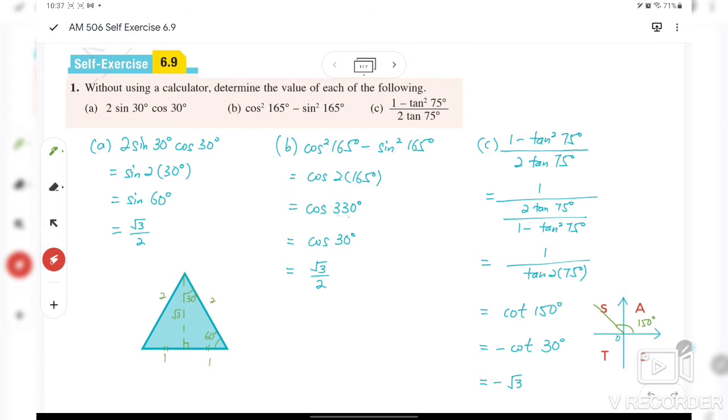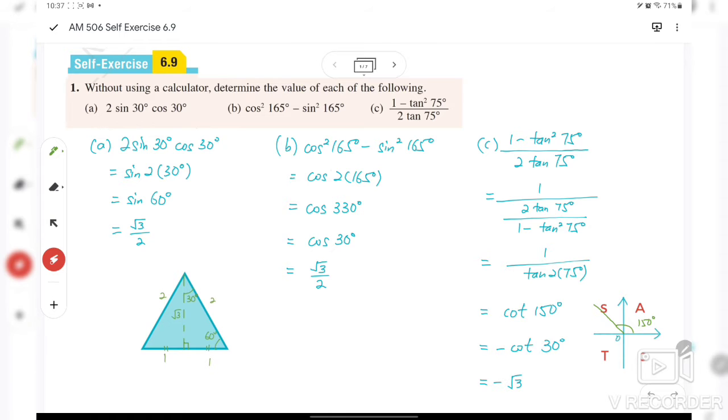If we change it to the corresponding reference angle, it will be 360 degree minus 330 degree, and we get 30 degree. And cosine in the fourth quadrant will be positive. So we have cosine 30 degree. From this triangle, we know cosine 30 degree is square root 3 over 2.